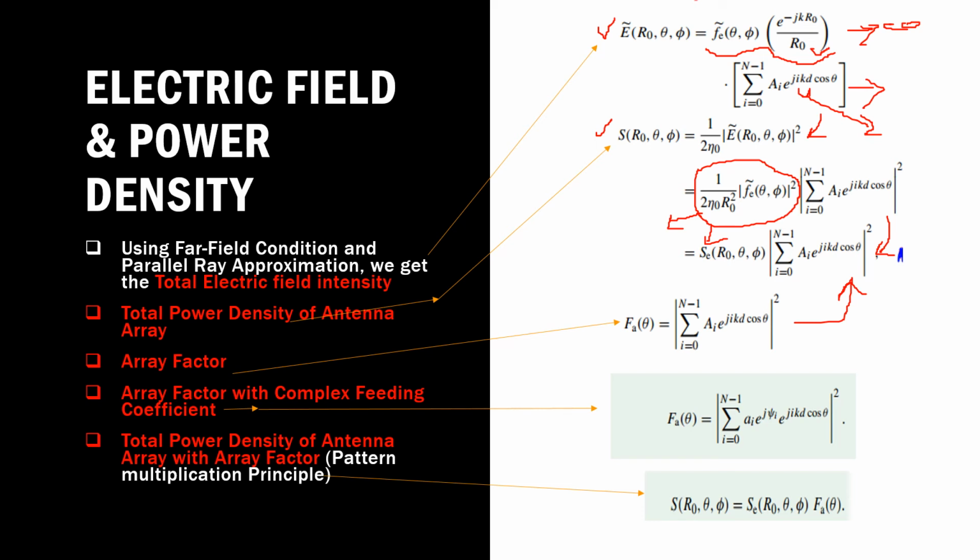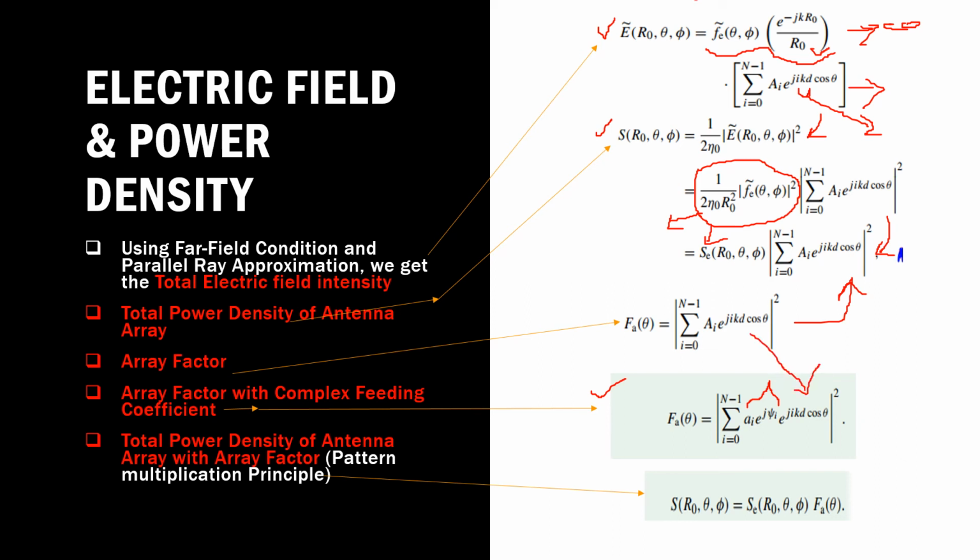So the array factor with complex feeding coefficient is shown here. What does it mean? It means that Ai is replaced by a small ai e to the j phi i, and all remains the same.